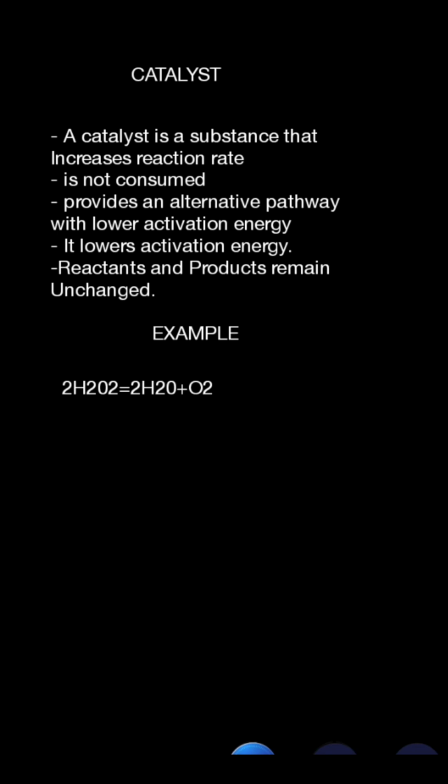The reaction becomes rapid, and hydrogen peroxide decomposes to water and oxygen. Manganese oxide acts as a catalyst and provides an alternative reaction pathway, and it also lowers the activation energy and increases rate without being consumed.